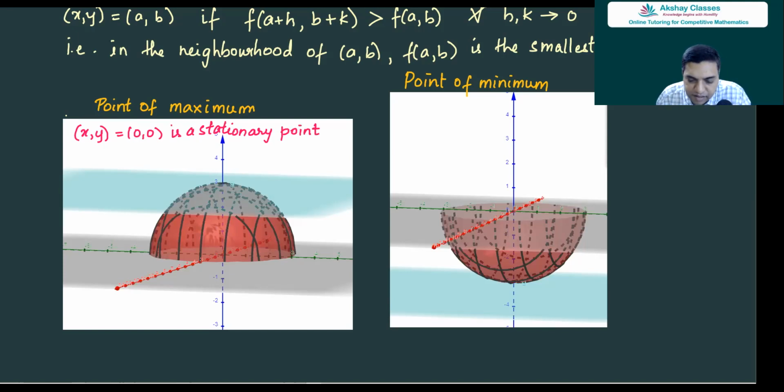This is called a stationary point. It is the point where you get the tangential plane, a horizontal tangential plane. Now here again, x, y equal to 0, 0 is a stationary point.